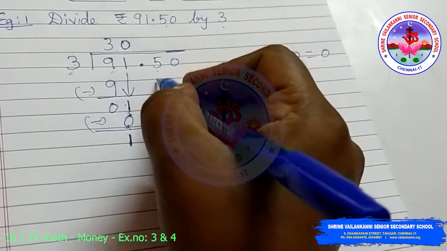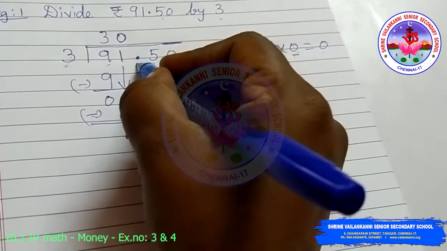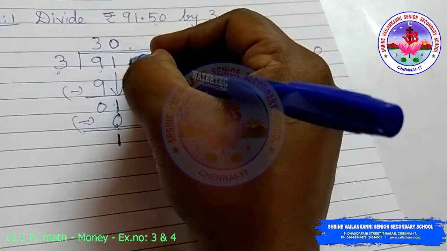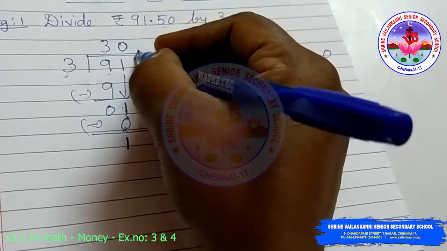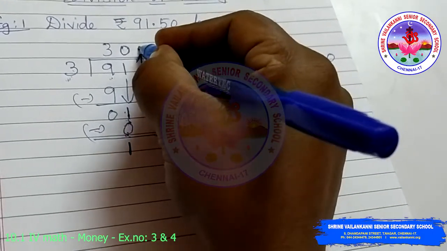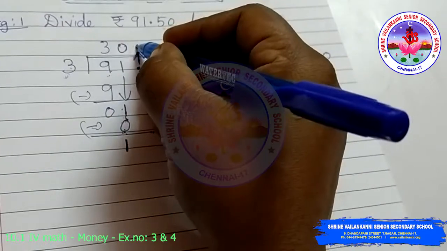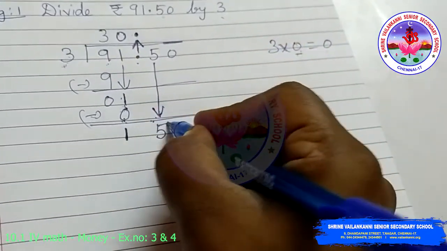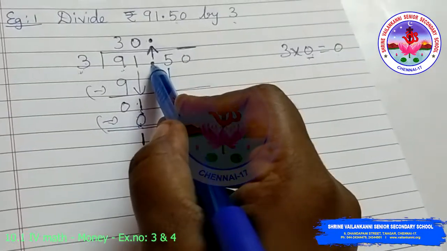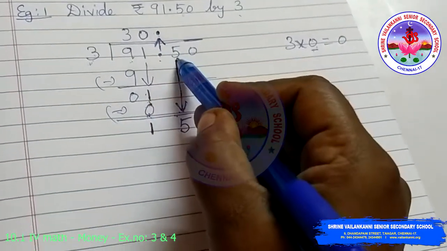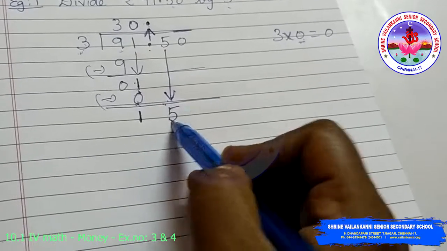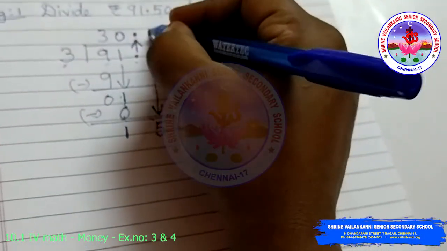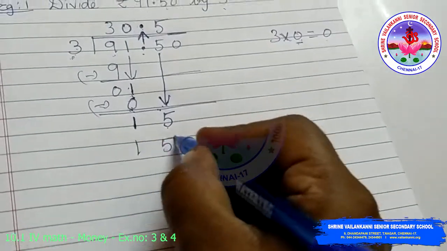Before bringing the 5 down, we have a decimal. This decimal we have to shift to the quotient, and then bring the 5 down. Without shifting the decimal to the quotient, you should not bring this 5 down.